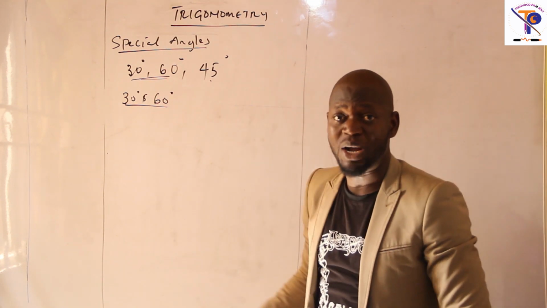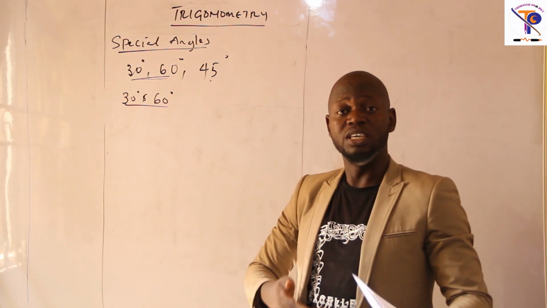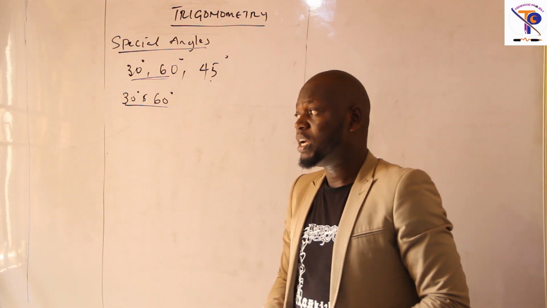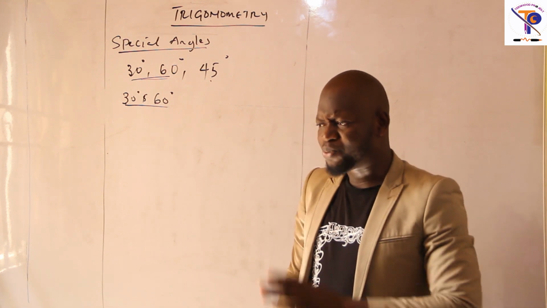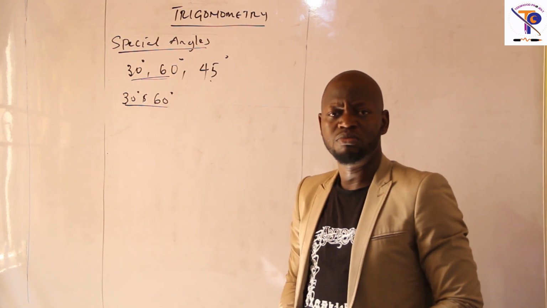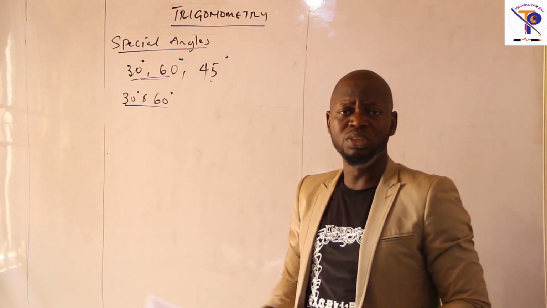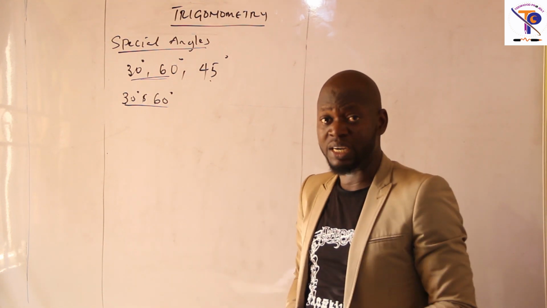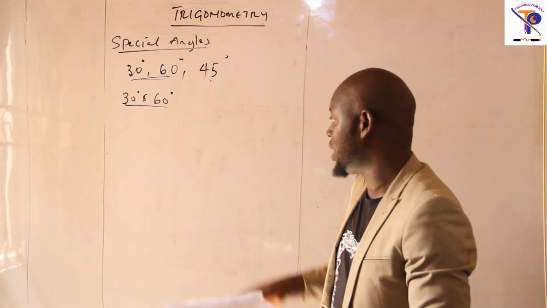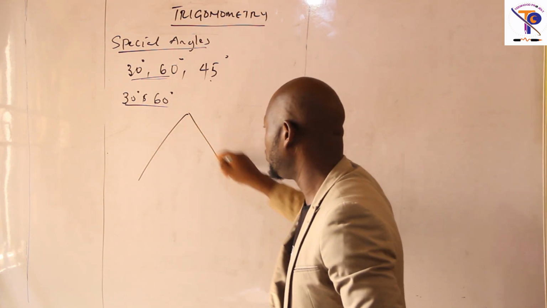So let's start from 60 so that we divide 60 into 2 to get 30. Which of the triangles can practically give you 60 degrees automatically? It's the equilateral triangle.